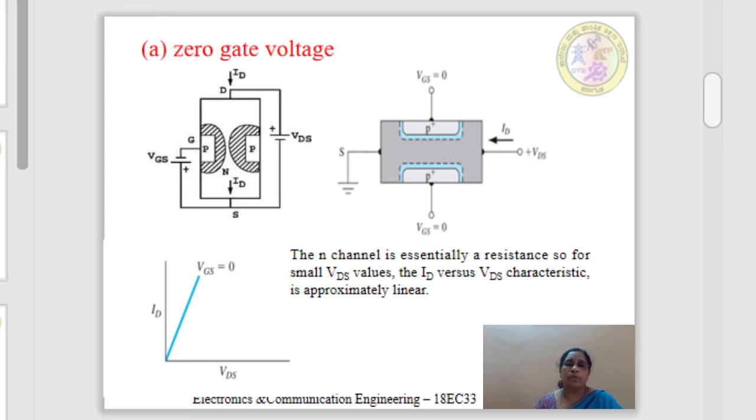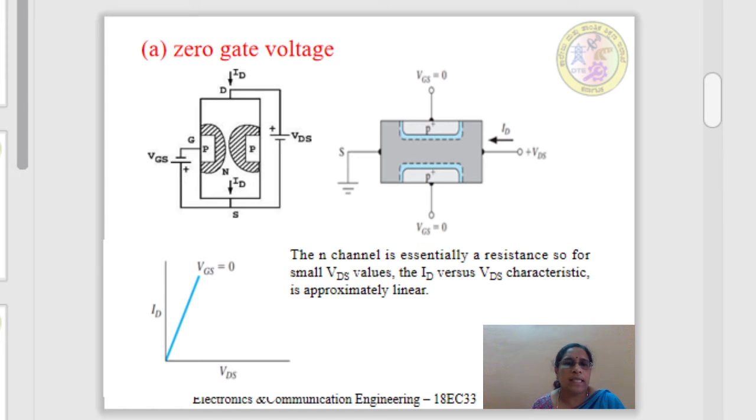Now coming to the basic operation of this device. Before understanding the operation, let us know some conventions used here. In the picture we find the voltage levels VGS and VDS. The letter G represents the gate terminal, S is for source, and capital D is for the drain.